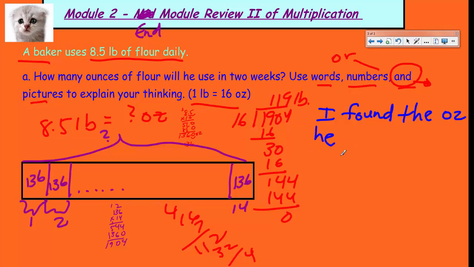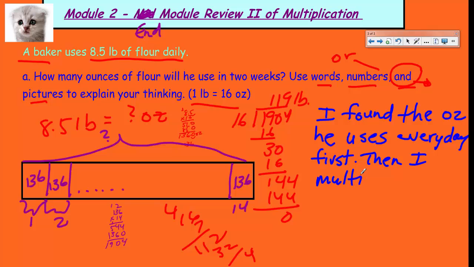I found the ounces he uses daily first, or every day. Kind of sloppy. And then I just multiplied that by 14.